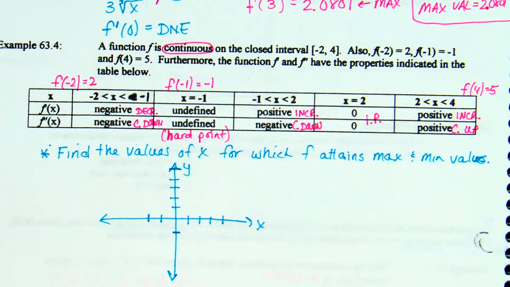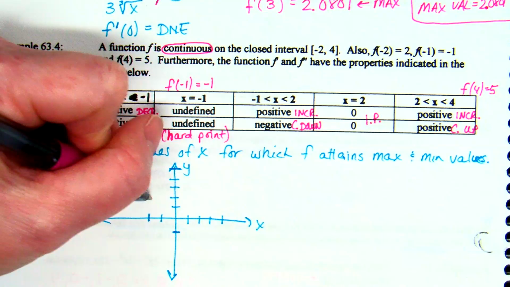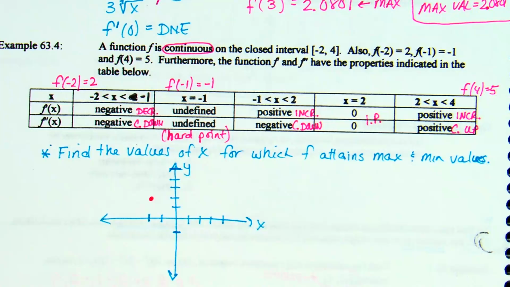We were given some points, yes? f of -2 equals 2. That means that there is a point at the ordered pair -2, 2. That's what they're telling you there. So where else do I have ordered pairs?